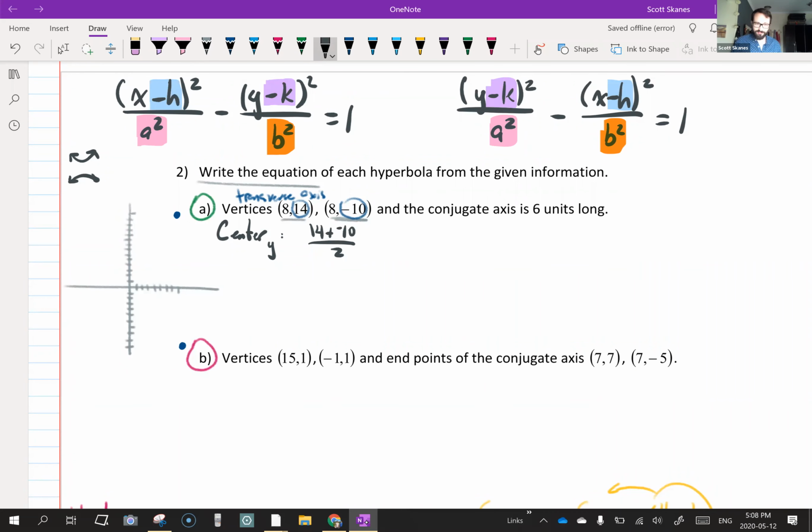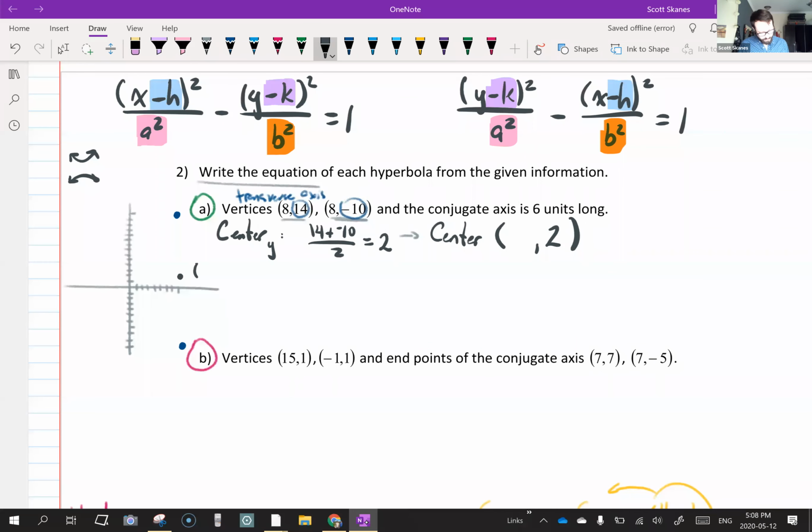I probably didn't need a calculator for that. And that's 2. So what that means is that the center is, what's the center? Well, I know the y value, and the x value I can see from the vertex because it's right here.